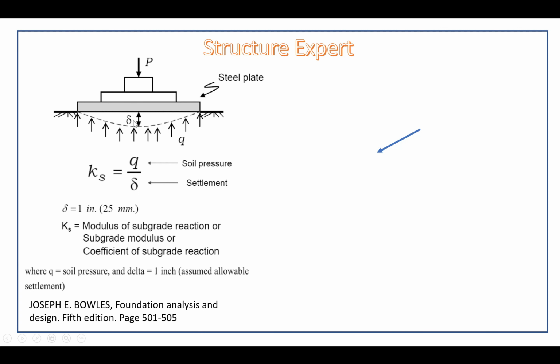And q is the soil pressure, and the assumption for the allowable settlement is 25 millimeter. This limit is nearly from the allowable to the ultimate.